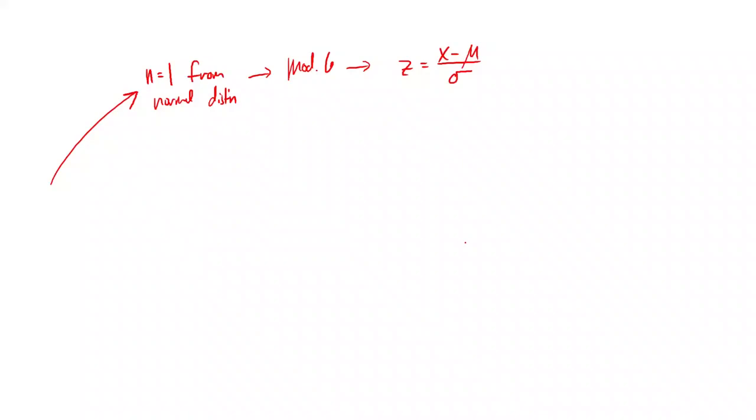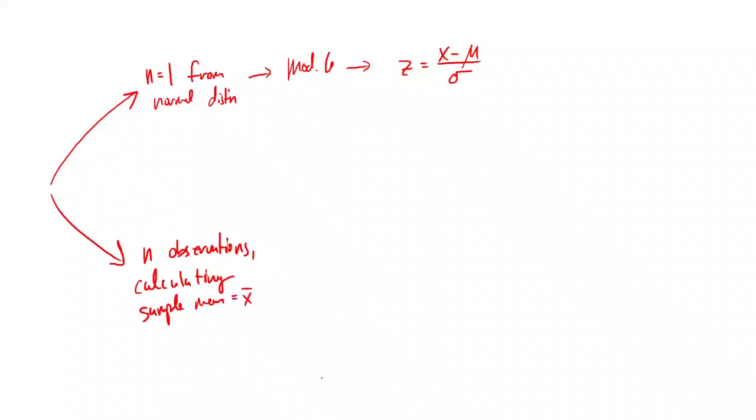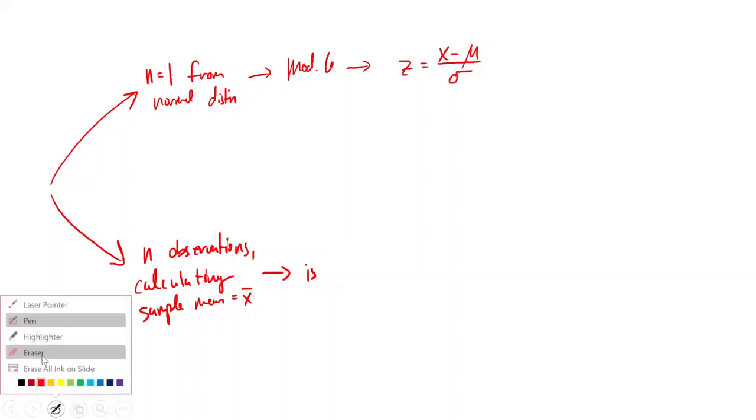If instead you're taking more than one observation and calculating a sample average or sample mean, so you're taking multiple people and averaging them out, the first thing you want to do is check the two conditions on the sample size.